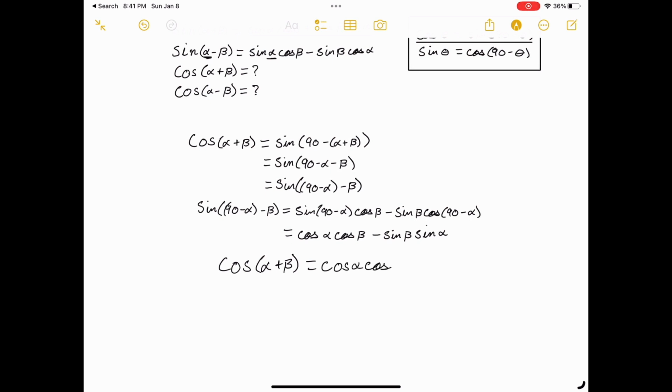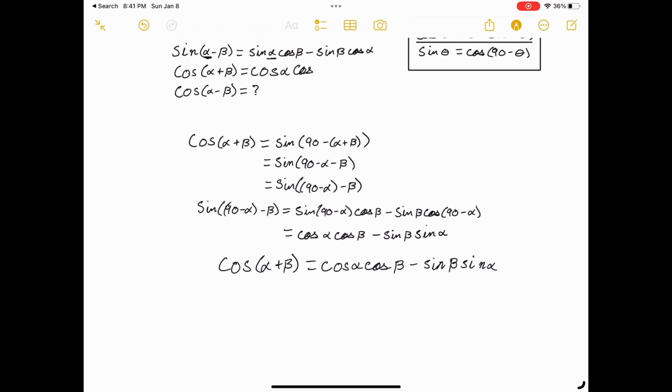So I'll put this up again in our set of identities up here. Cosine alpha cosine beta minus sine beta sine alpha.